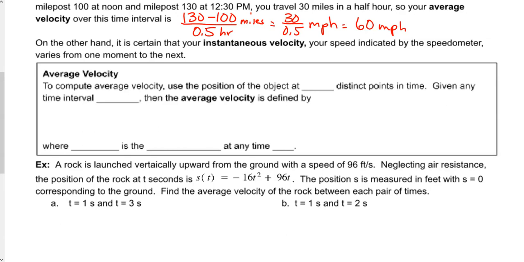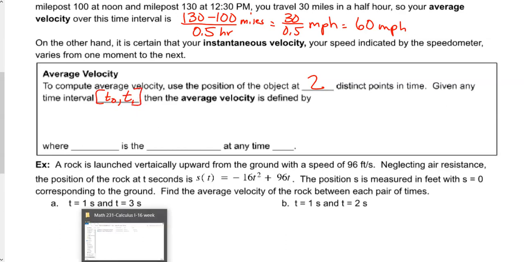Okay, so to compute an average velocity, use the position of the object at two distinct points in time. Given any time interval, here we're going to use some interval notation from t0 to t sub 1, those are my two times, then the average velocity is found by, what do we do up here? We took a difference of the miles over the difference in the time.